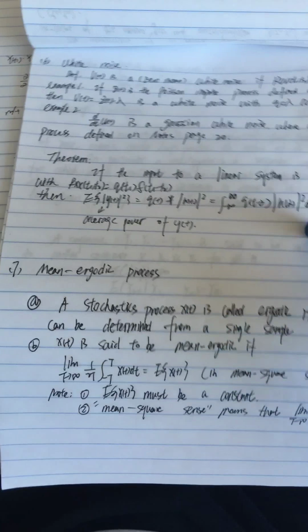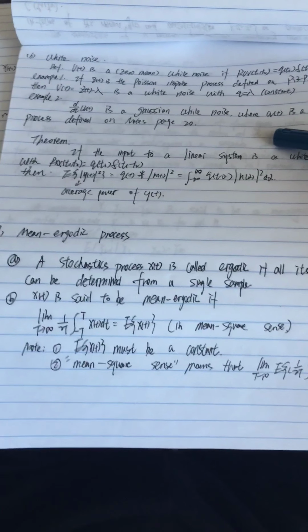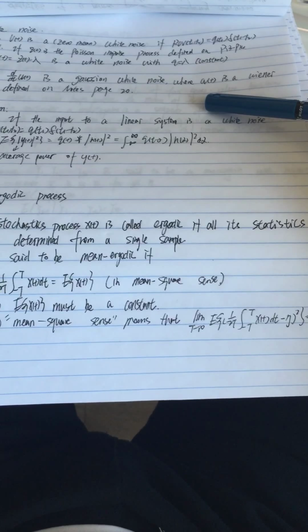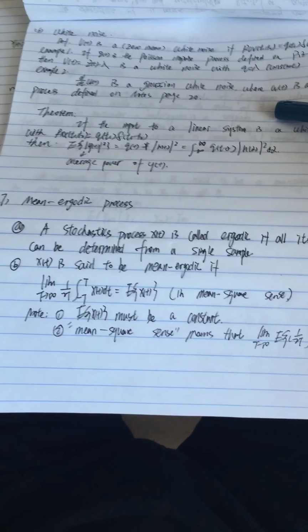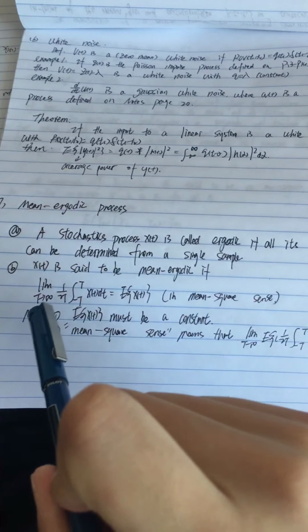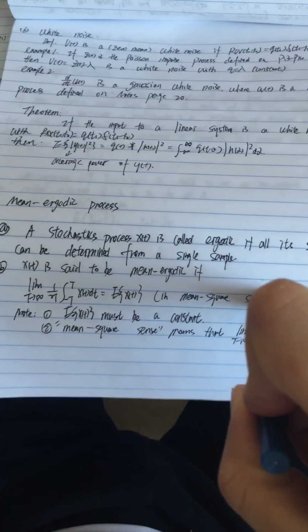The seventh example is the mean ergodic process. The definition is that a stochastic process x(t) is called ergodic if all its statistics can be determined from a single sample. x(t) is said to be mean ergodic if this limit is equal to the mean of x(t), in the mean square sense.